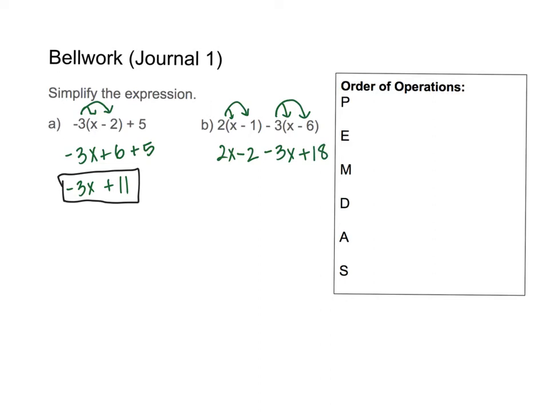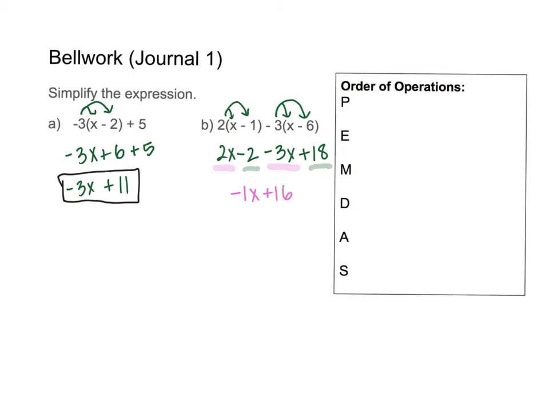And now it's just a matter of combining like terms. So I notice that I have an x here and then another x. If I combine 2 with -3, I get -1x. Or you could say that as -x. And then if you combine the numbers, so that's these two, they're both numbers. -2 plus 18 gives me +16.